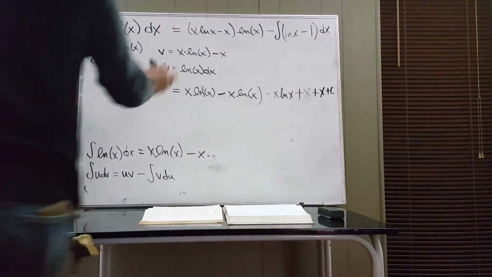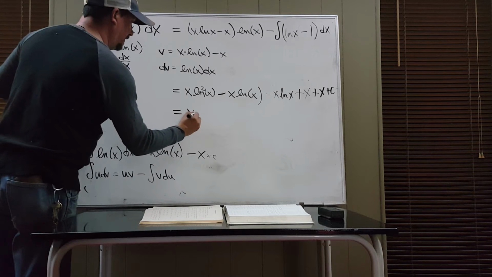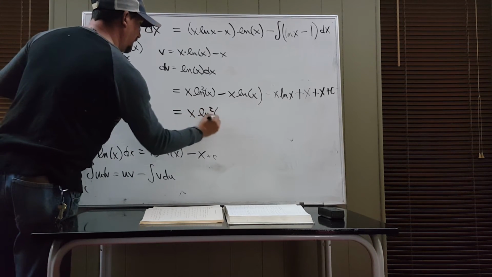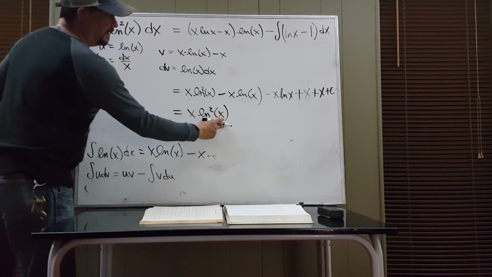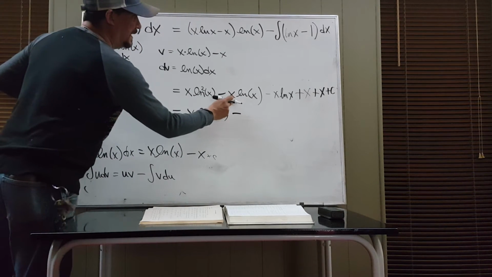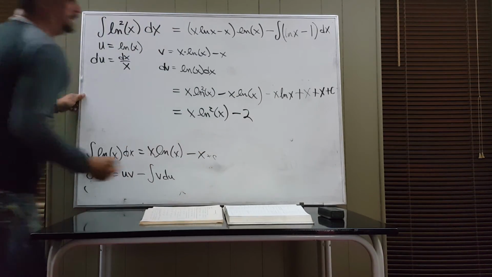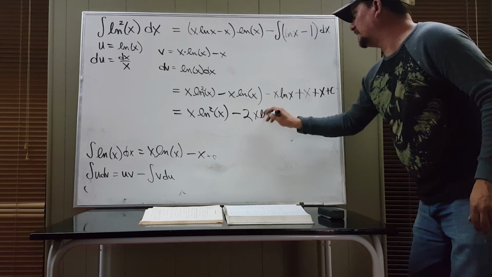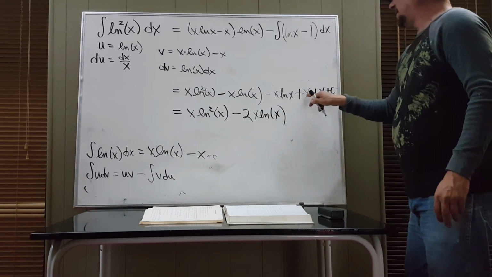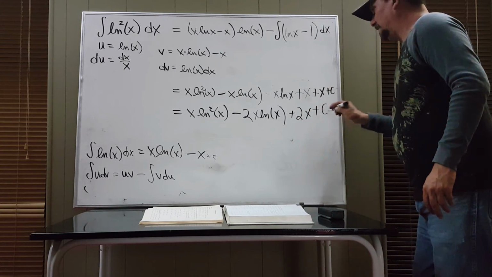So, when we do this antiderivative, we get x times the natural log squared of x, or x times the natural log of x squared, minus, well, here's 1 x natural log of x, and here's another one, so that's 2x times the natural log of x, and then there's an x, plus 2x, plus c.